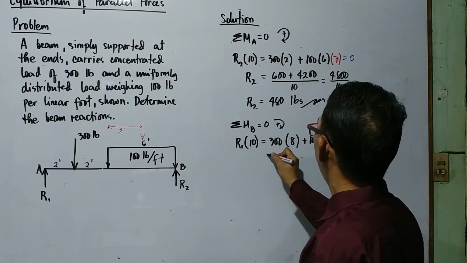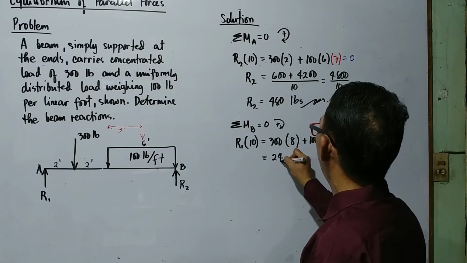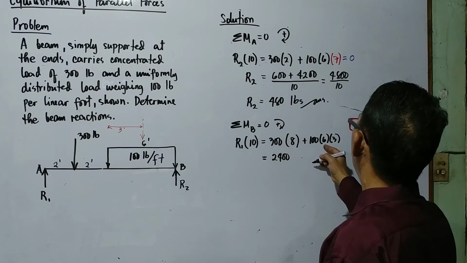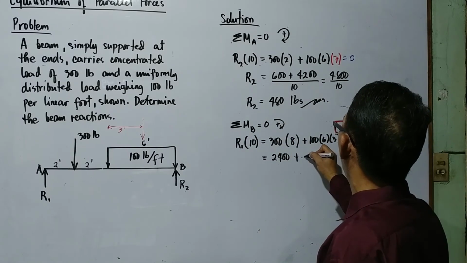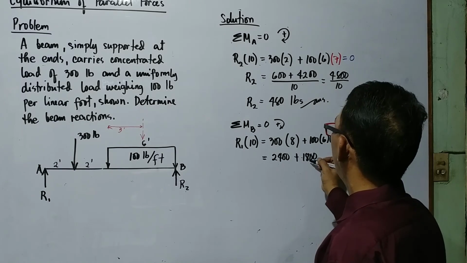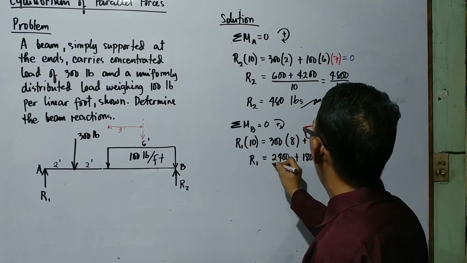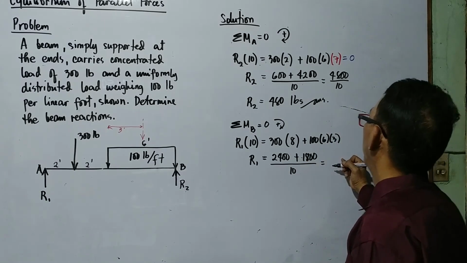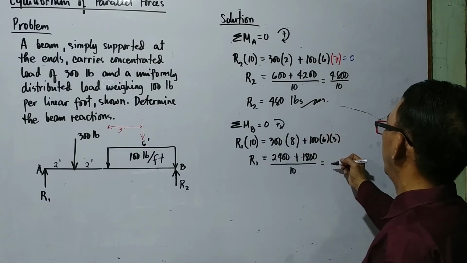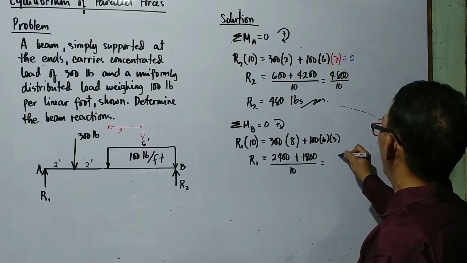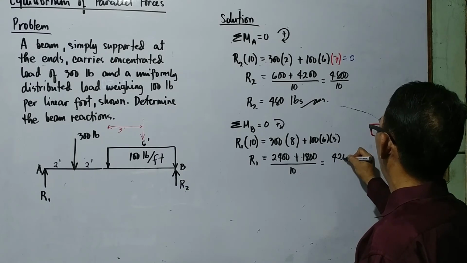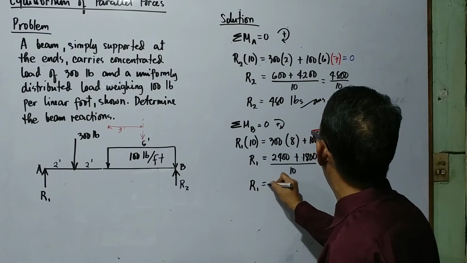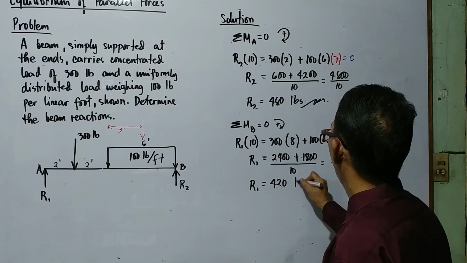So we have 2,400 plus 1,800. R1 over 10 is 4,200 over 10, or R1 now equals 420 pounds.